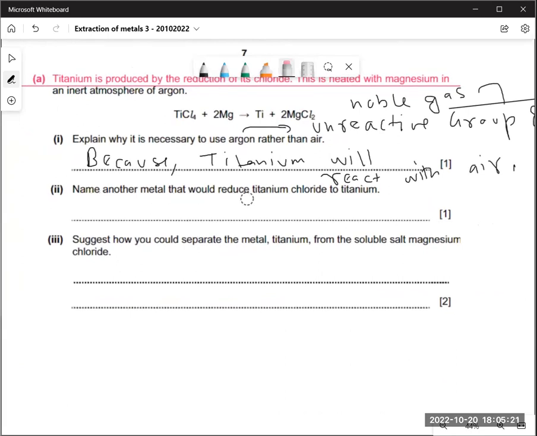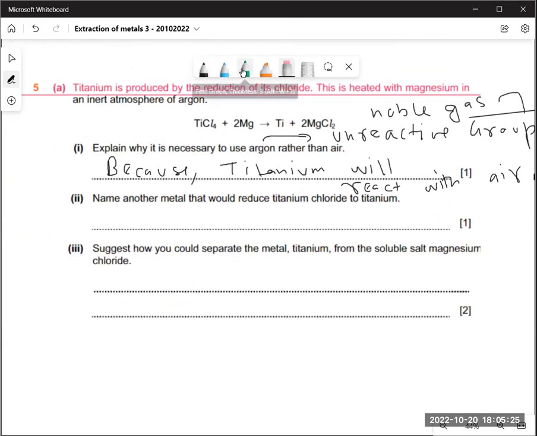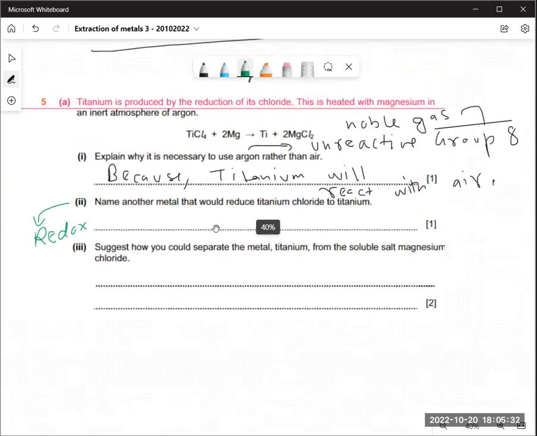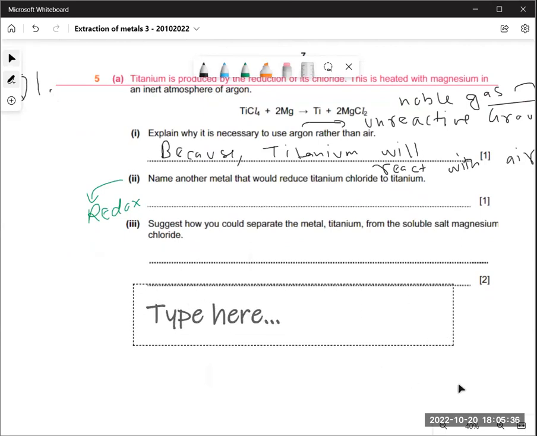Name another metal that would reduce titanium chloride to titanium. It's about redox reaction. If you have missed the class, please write over here as a rule in your notebook.